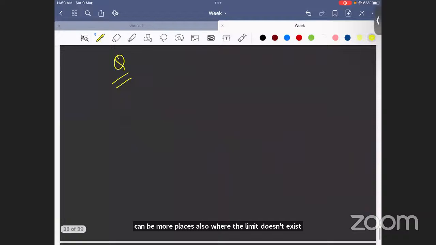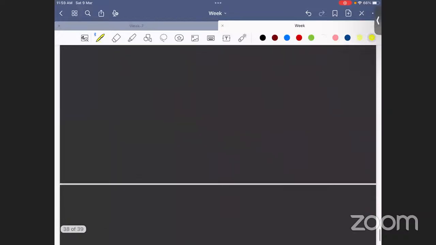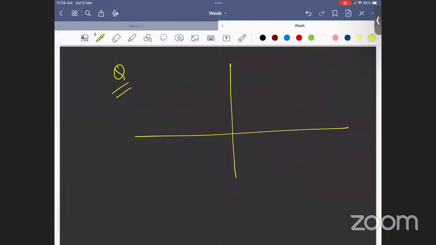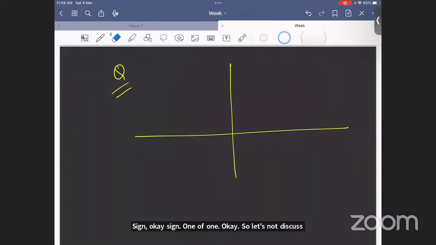See, if you are given sine of 1/x, okay, so let's not discuss this. I guess this has not been discussed.